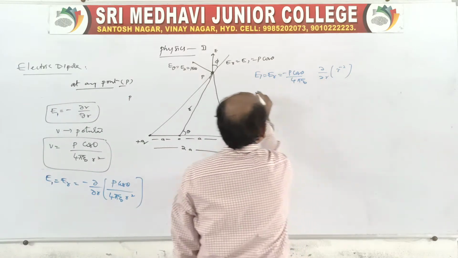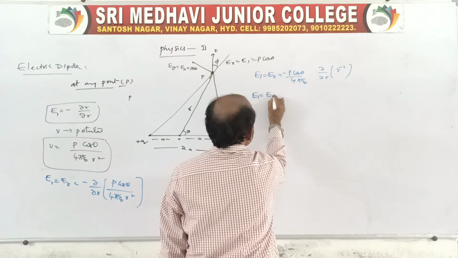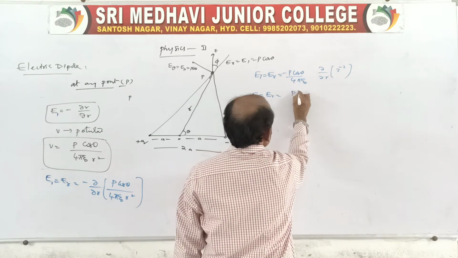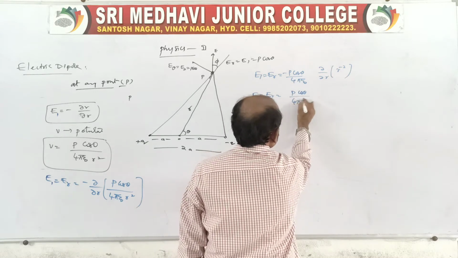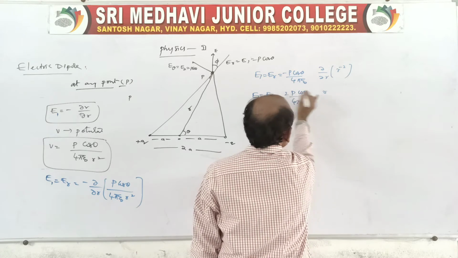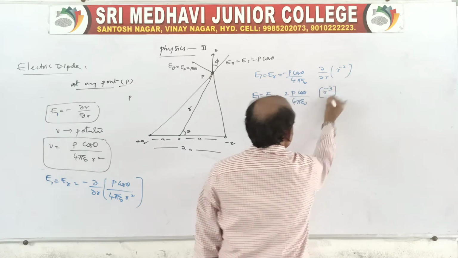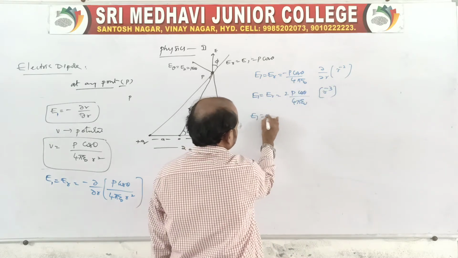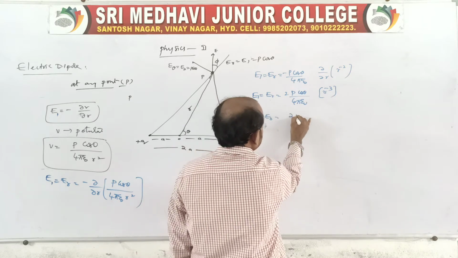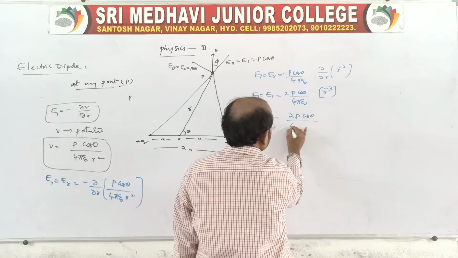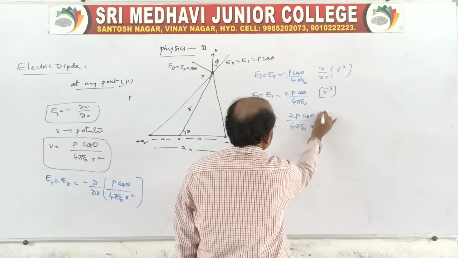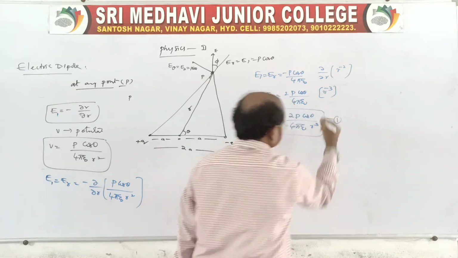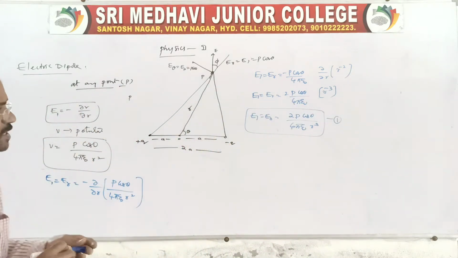Differentiating, minus becomes plus, and we get 2 into R power minus 3. This is not required for IPE, but we should know the answer. So E1 or ER is equal to 2P cos theta by 4 pi epsilon naught R cube. This is expression 1, differentiating with respect to R.